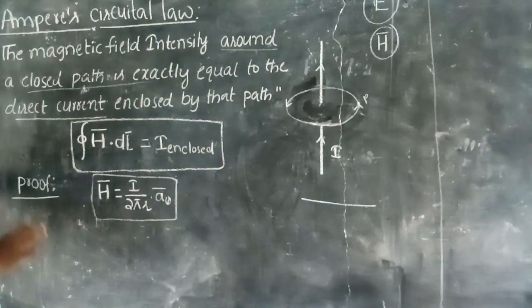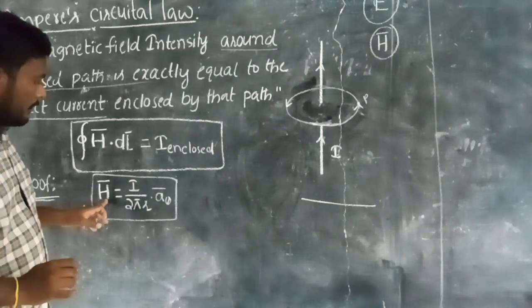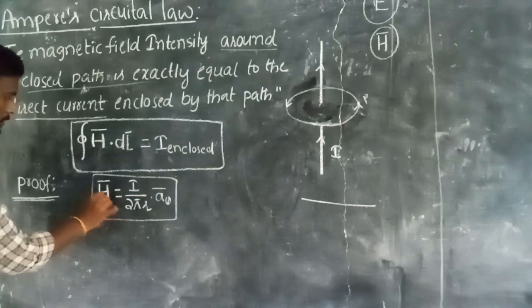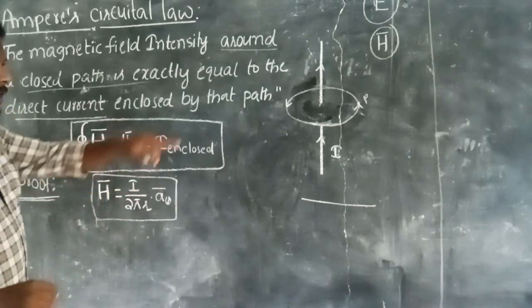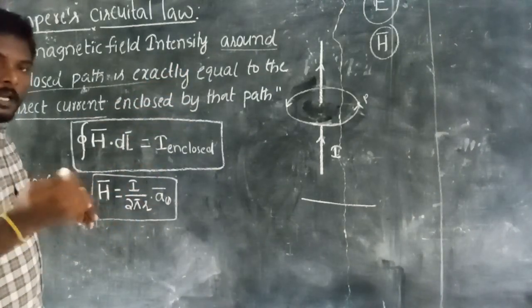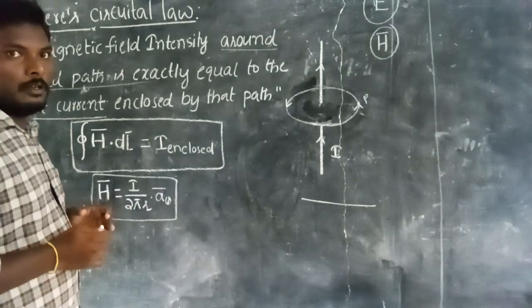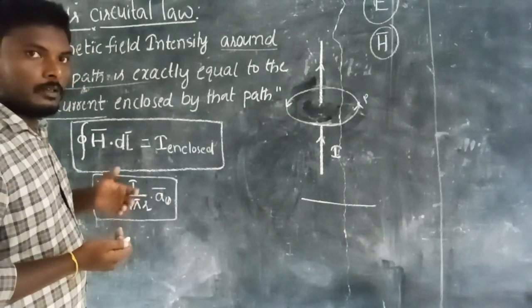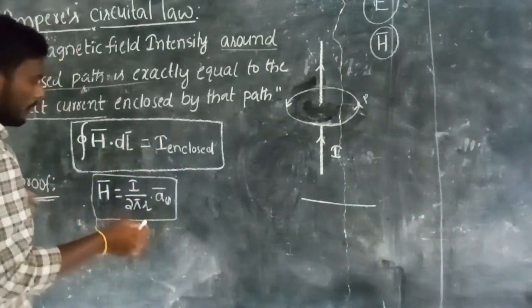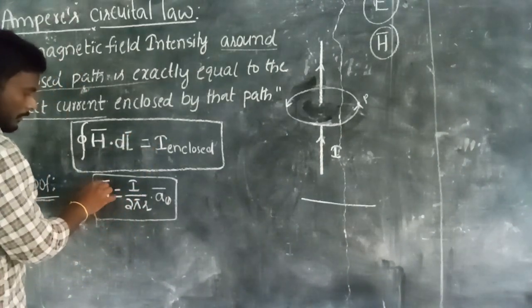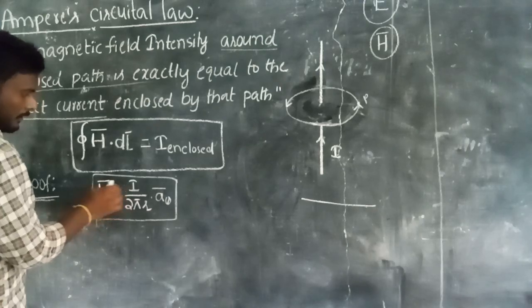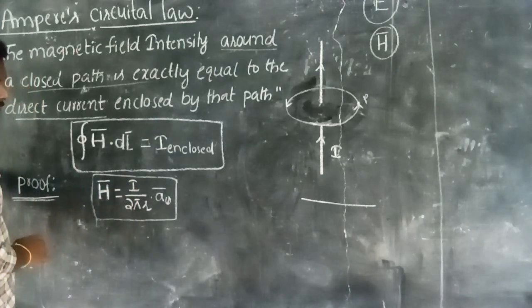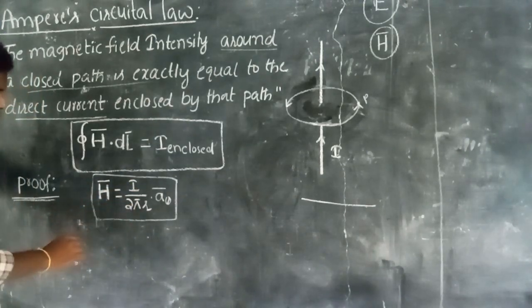Now see, the magnetic field intensity for a long straight conductor is already calculated by using Biot-Savart's law. According to Biot-Savart's law, the magnetic field intensity due to a long straight conductor is I by 2 pi r.